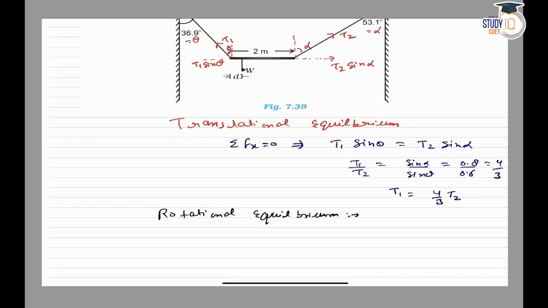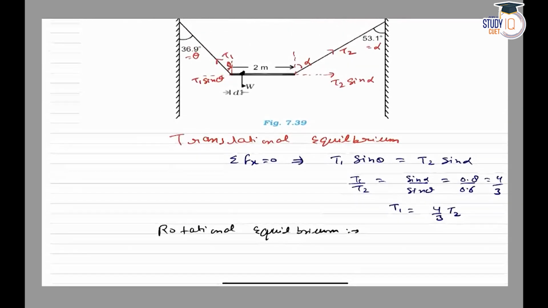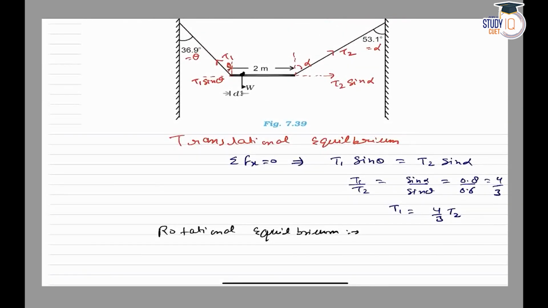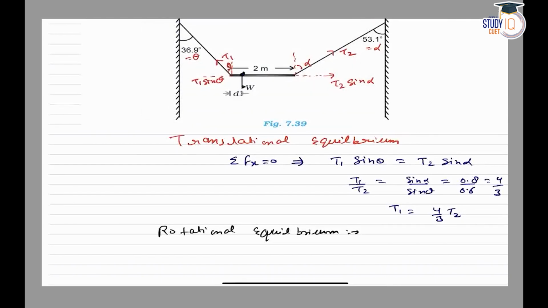So if we take the torque about the center of gravity, the torque due to T1 sine theta would be 0 as it is passing through this point. The torque due to T2 sine alpha would be 0. The torque due to W will be 0. So the torque is only due to T1 cos theta and T2 cos alpha.